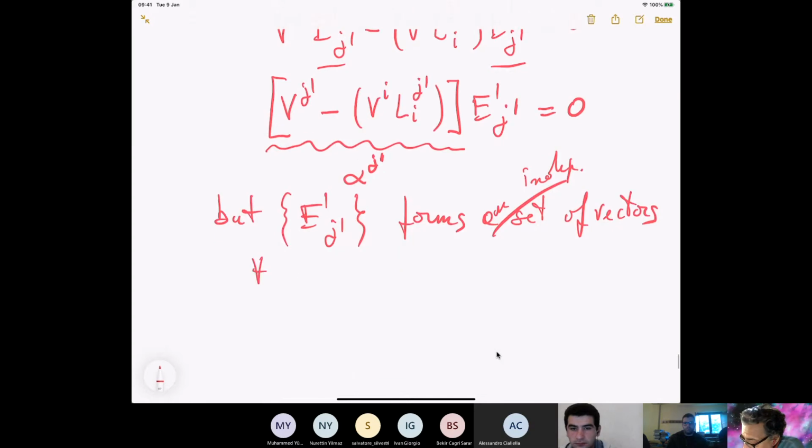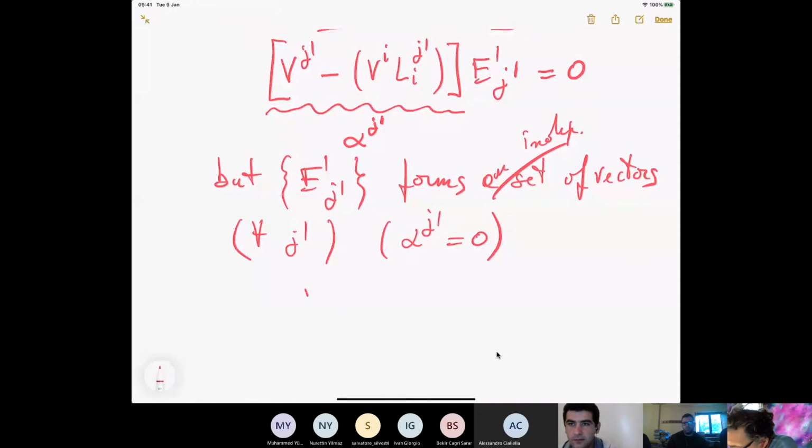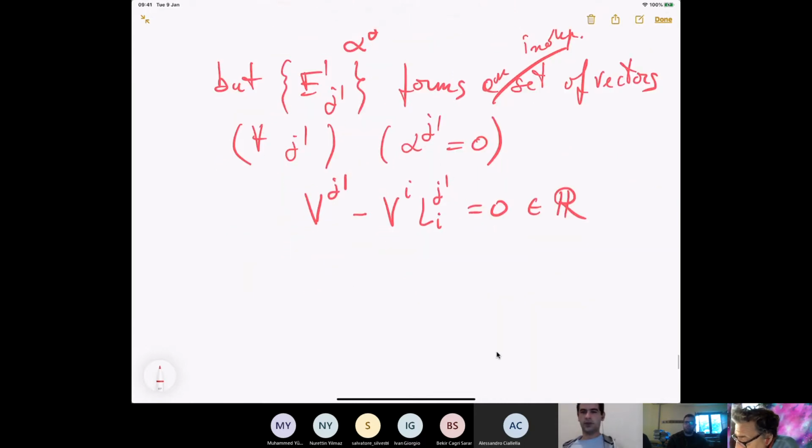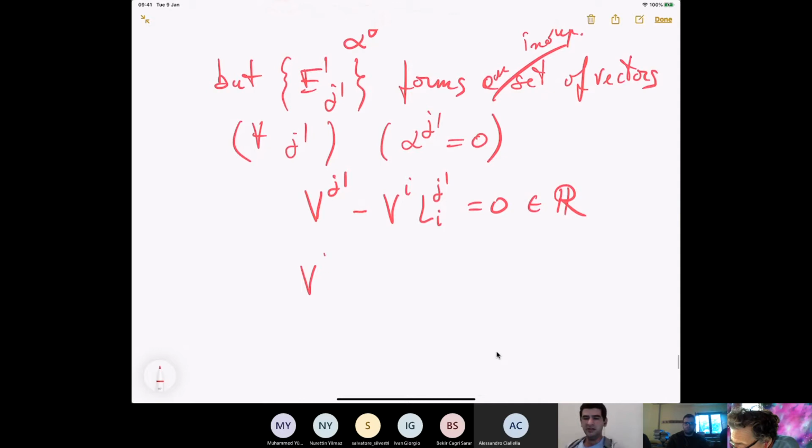Then for every j', alpha j' is equal to 0. Okay, so in conclusion, we have v_j' minus v_i L_i j' equal 0. Remark, this is an element of the vector space. This is a real number. Okay, so in conclusion, what we have, v_j' is equal to L_i j' v_i.